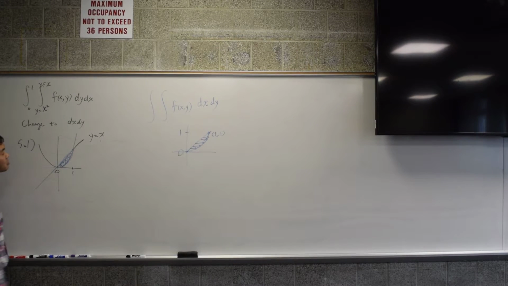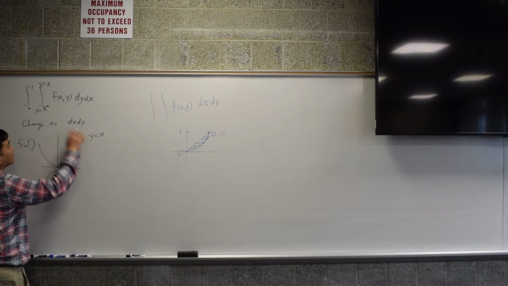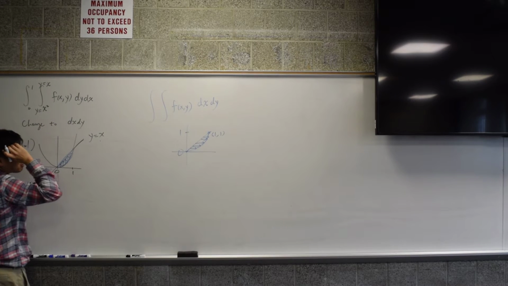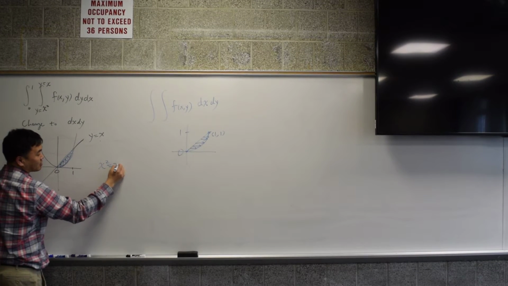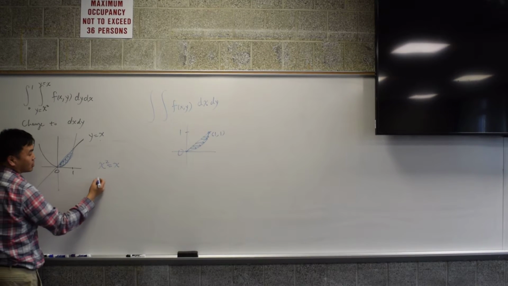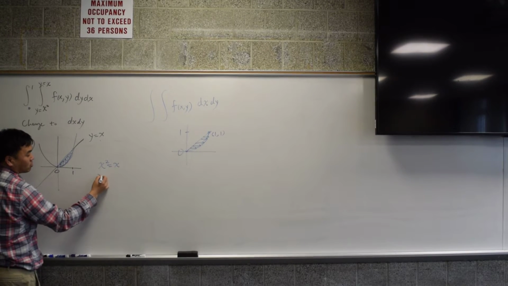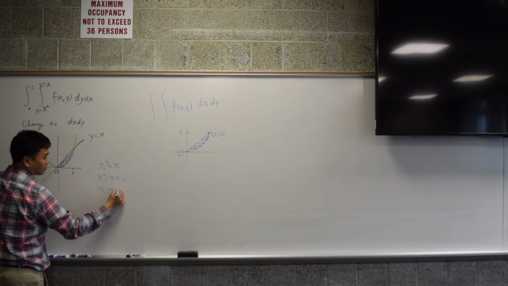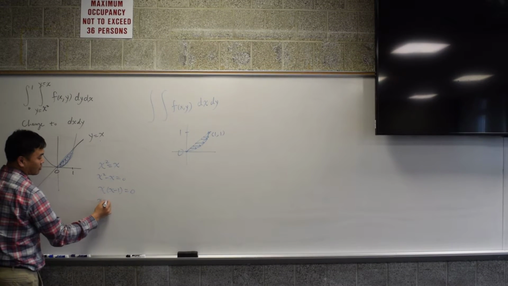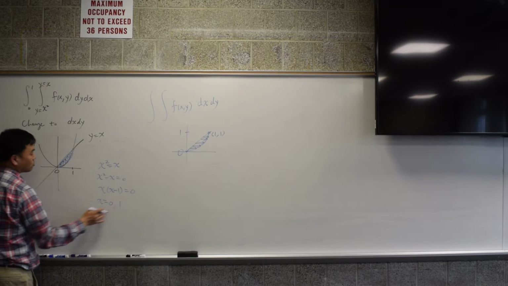If this was more complicated, probably the thing that you want to do is to figure out when they meet by setting them equal to each other. And when you set them equal to each other, you find the solution that x equal to 0 and x equal to 1 are the 2 points that they meet.